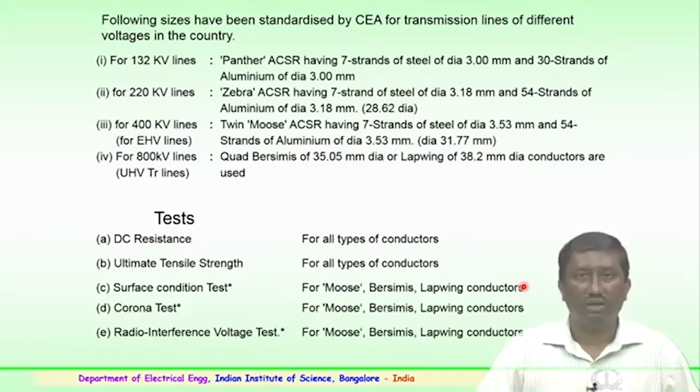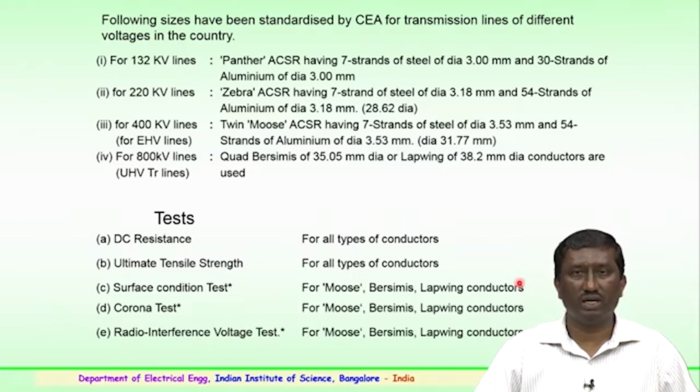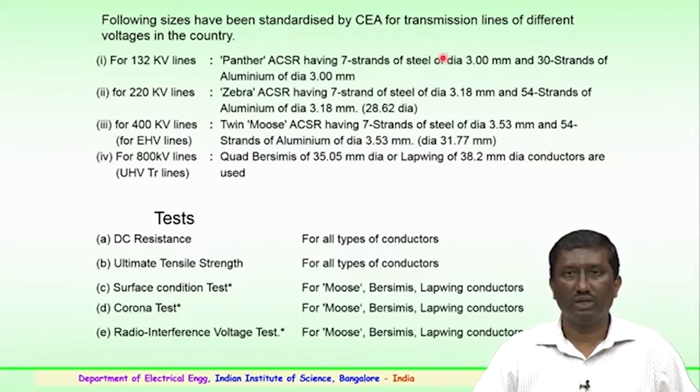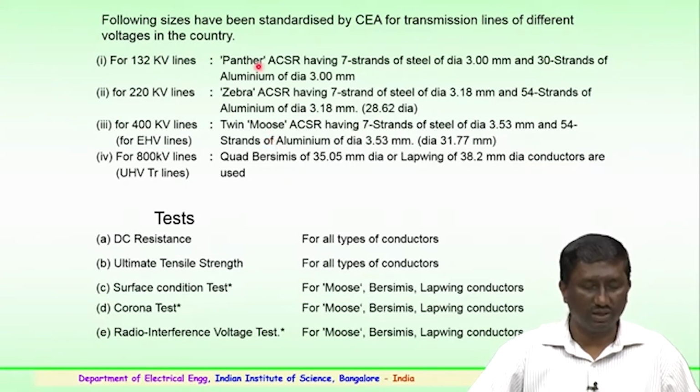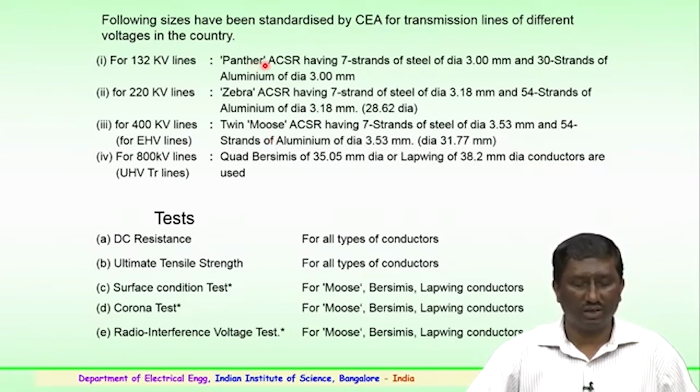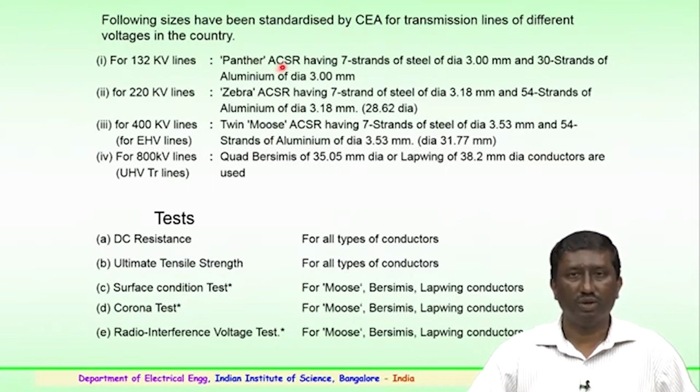In India, the following sizes have been standardized by the Central Electricity Authority for transmission and distribution lines in the country. In general, for 132 kV transmission lines, the conductor nomenclature is Panther. Panther is the name of a conductor of a particular size, an aluminum conductor steel reinforced, with 7 strands of steel in the middle of dia 3 mm for mechanical strength, surrounded by 30 strands of aluminum of dia 3 mm.